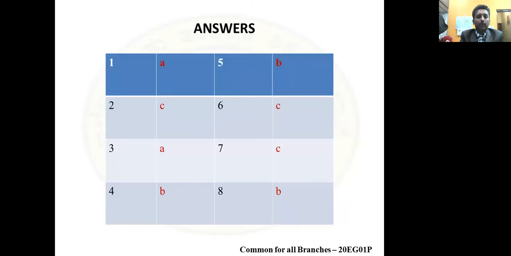Now I have provided the answers to the MCQs which are included. You can cross-check your answers with the answers provided by the teacher.